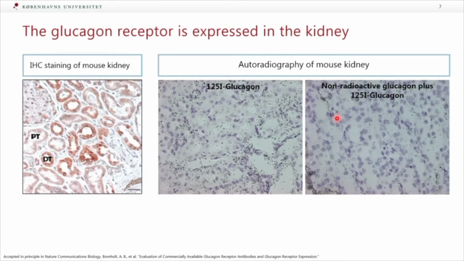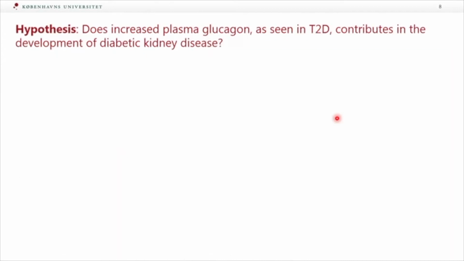Again, supporting a possible role of glucagon on renal function. So, could this increased level of plasma glucagon seen in type 2 diabetes in fact be a contributing factor in the development of diabetic kidney disease?